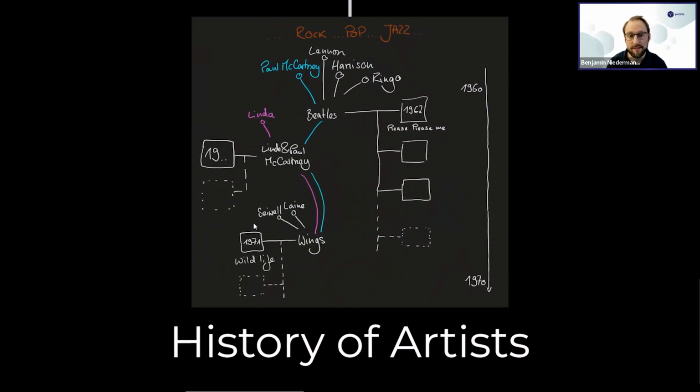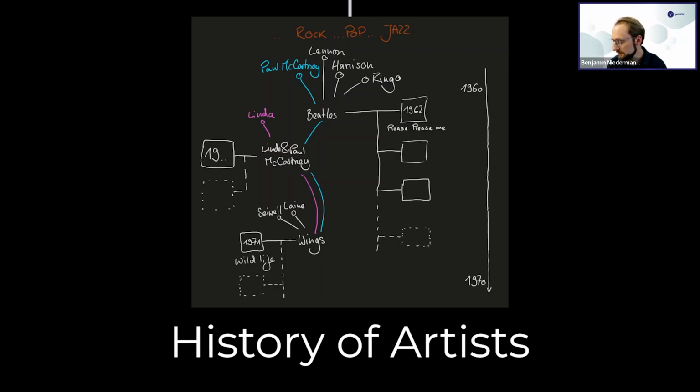The idea is that we would like to learn something about the history of artists. So for one artist, we would like to learn how his music life was. So in which bands was the artist, and which band did he or she join first and then second, and so on.